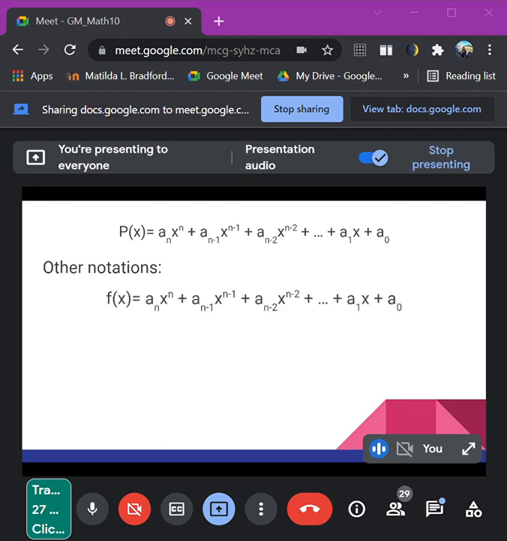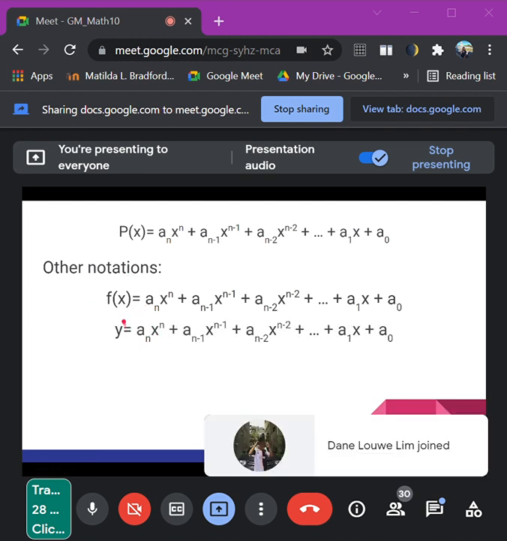The first one is p of x. If the first given is p of x, it can also be written as f of x. That is still a function, a polynomial function. And then, you can also use y.